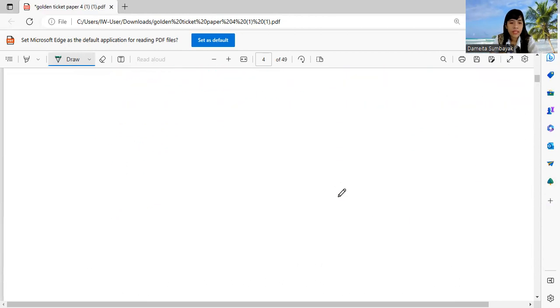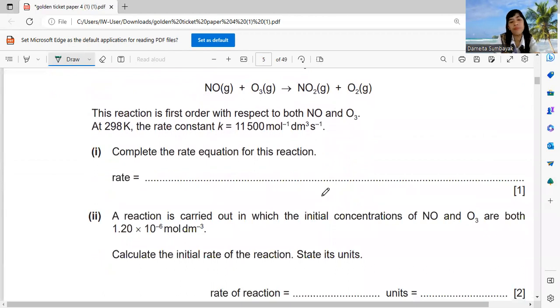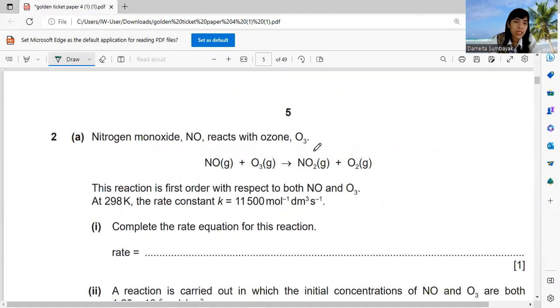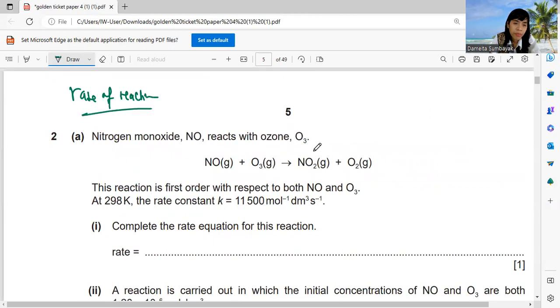Okay, next. For number 2, this topic is about rate of reaction. There is a given reaction here. This reaction is first order with respect to both NO and O3 at this temperature, and this is the rate constant. Complete the rate equation for this reaction. So the rate of reaction R equals k times the concentration of reactants.